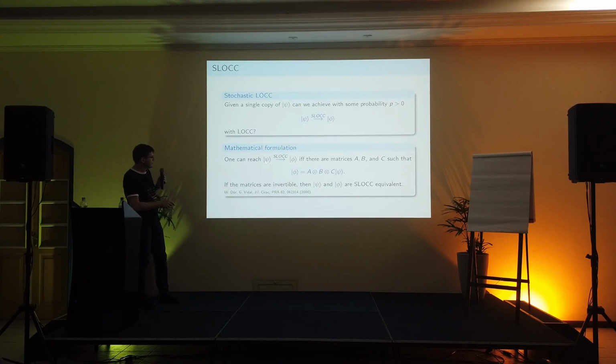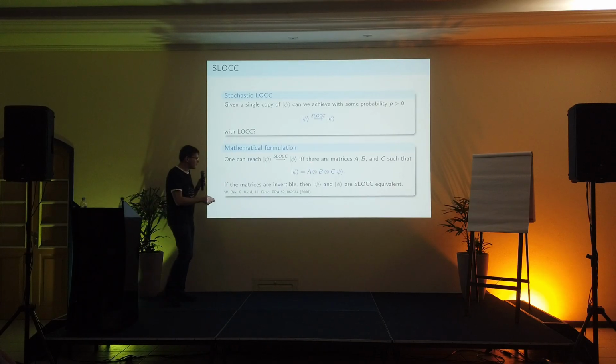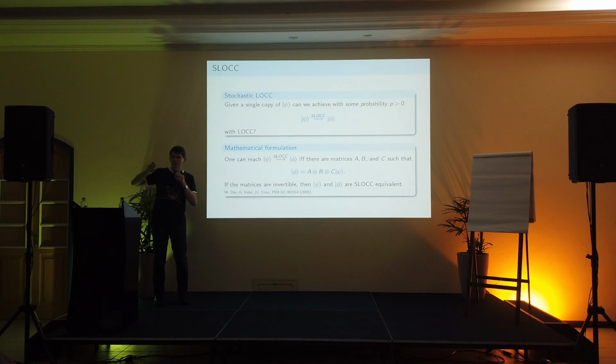If you want to go from psi to phi with some SLOCC, that means just that there must be some matrices A, B, C, such that if I apply them to psi, I get phi. These are now arbitrary matrices. They are not local unitaries, because local unitaries would be deterministic. They would not change the norm and so on. But this is arbitrary.